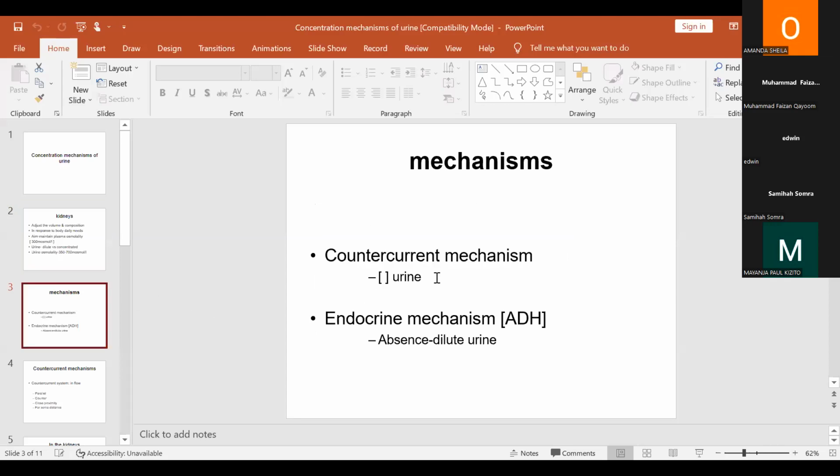The mechanisms for concentrating or diluting urine are also there. You know, the countercurrent mechanisms of the body, and then of course there are endocrine aspects that also contribute to the concentration of urine. And it's not just the concentration of urine, even as we said earlier, the kidney has a cortex and a medulla.